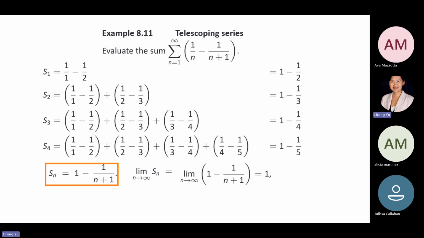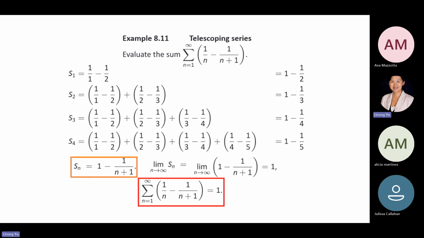You start with 1 plus 1/2, minus 1/2 plus 1/2, minus 1/3 plus 1/3, minus 1/4 plus 1/4, minus 1/5 plus 1/5, right? The minus and plus all cancel. So the only thing that is not canceled is the first number, the 1. Any question? Total summation is 1, an infinite sum.